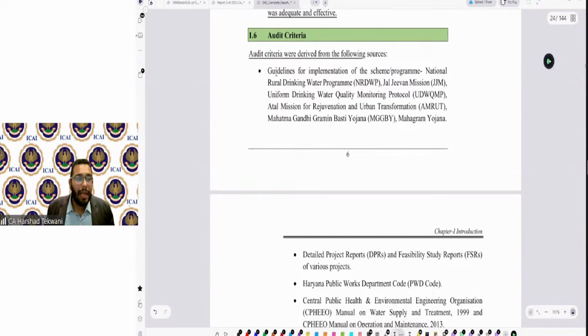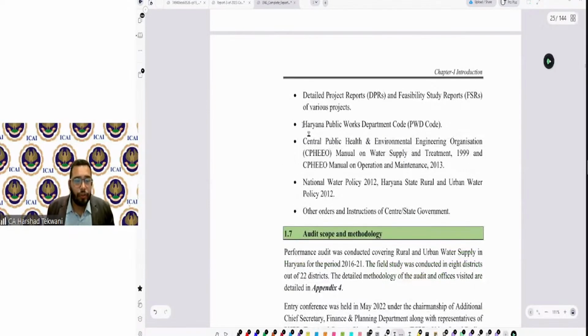For example, guidelines for implementation of the scheme or program. Like these are the various guidelines. So this is the public works department code according to which they need to work. There's a national water policy. There are detailed project reports and feasibility study reports on various projects. There's a central public health and environmental engineering organization.